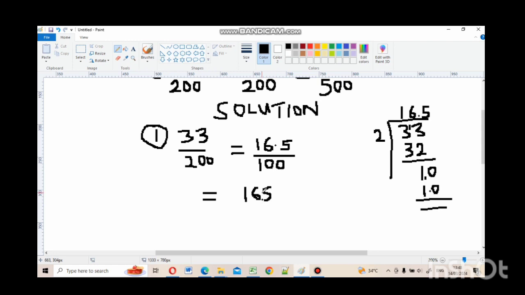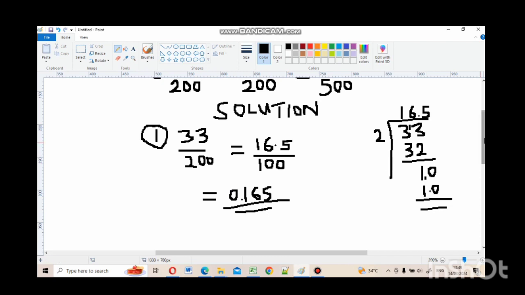You will count 1, 2, so our decimal point will be here. The 2 zeros determine how many places we count from where our decimal point is. So the decimal point will be here, and you have 0 here. So question number 1 has been solved.